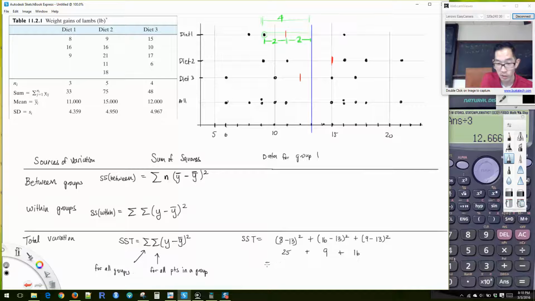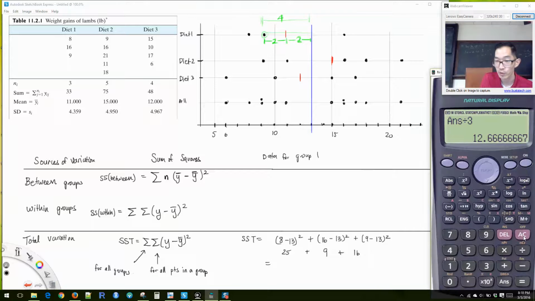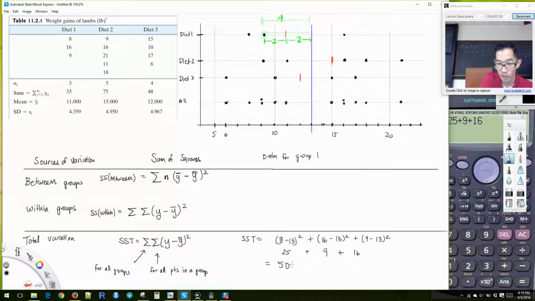So the sum of squares total for group 1 is 25 plus 9 plus 16, which gives 50. This is what group 1 contributes to the total variation.